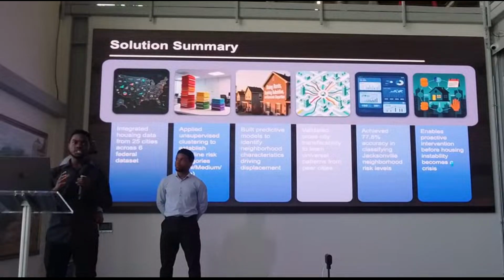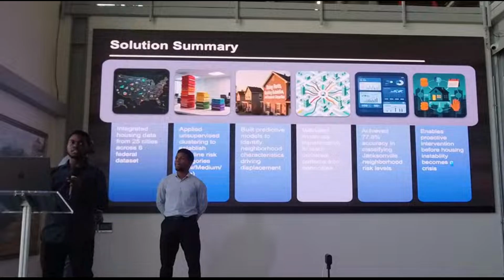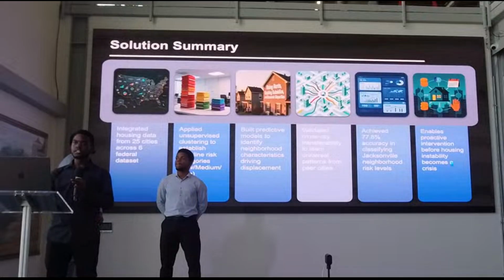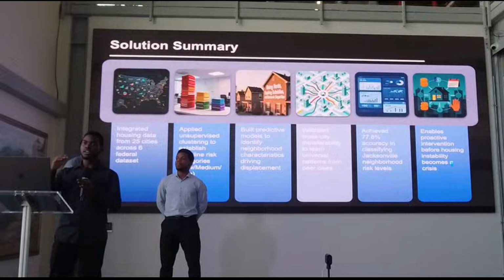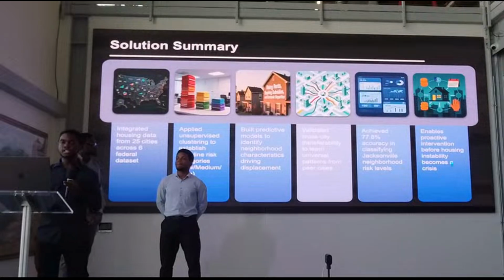And from this solution overall, we can be able to use it to tell the areas that are mostly affected by risk and which factors exactly influence the displacement risks.